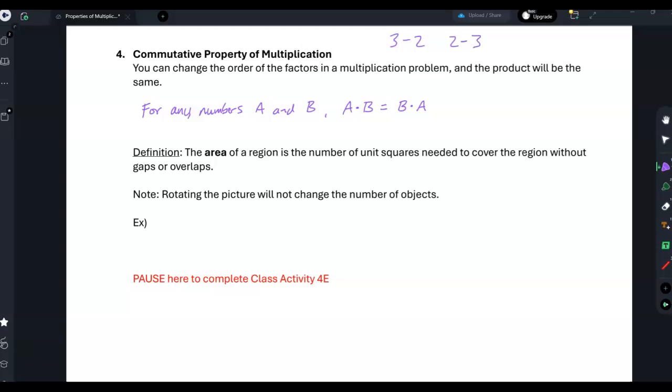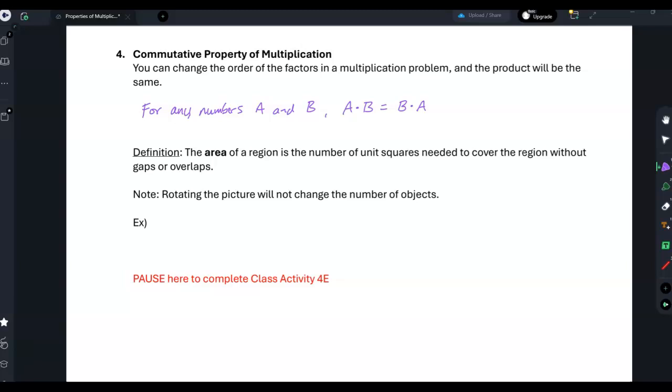You'd get positive 1 from the first one, you'd get negative 1 from the second one. So you can see subtraction is not commutative. And this is also true if we talk about division, right? I would get a different answer from 3 divided by 2 versus 2 divided by 3. So we can change the order if it's addition or multiplication, but strictly speaking, subtraction and division are not commutative.